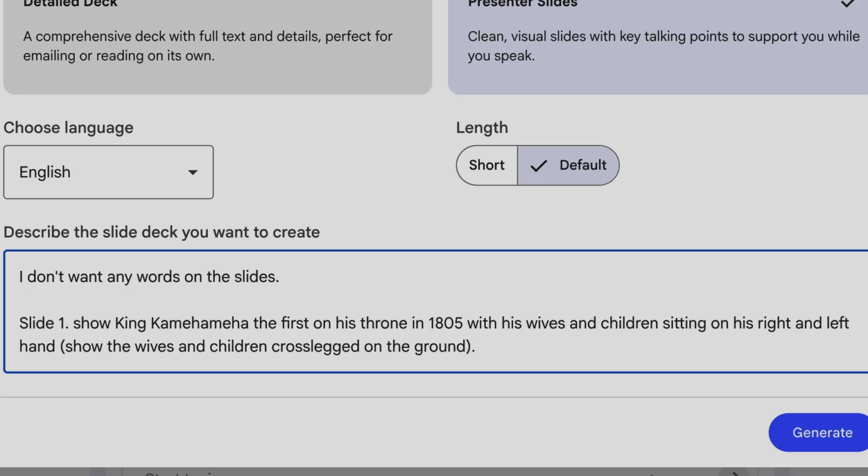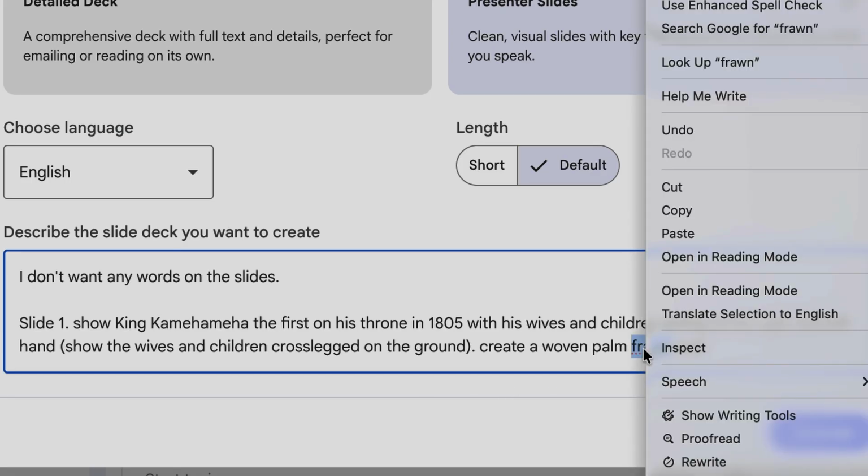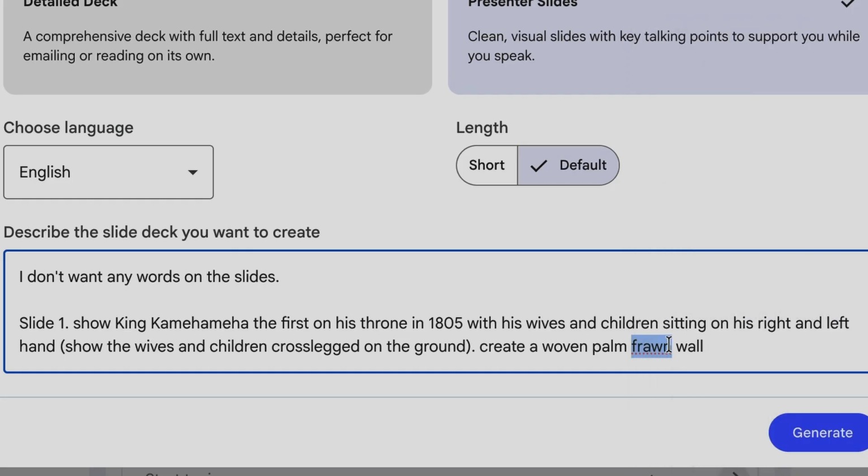Let's have a background. Create a woven, what do they call those? Palm frond. I don't know how you spell frond here. Yeah, well, palm leaf wall behind them. Okay, so there we have the first one.